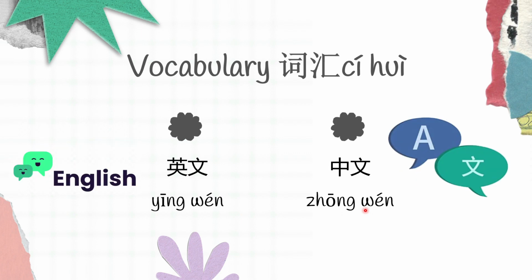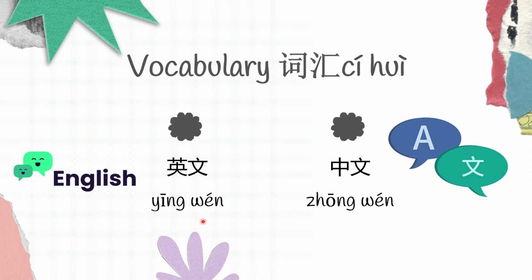Another vocabs here. 英文, 中文. 英文 is English, and 中文 is Chinese language.